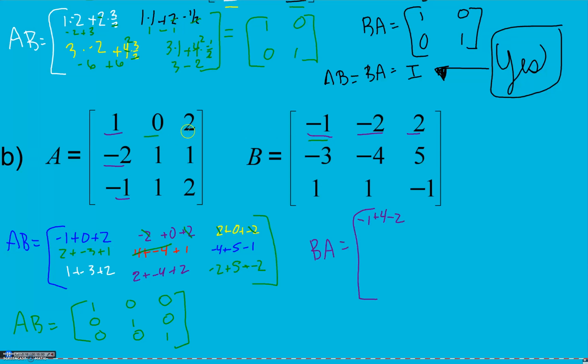Negative 1 times 0, negative 2 times 1, 2 times 1. Negative 1 times 2, negative 2 times 1, and 2 times 2.